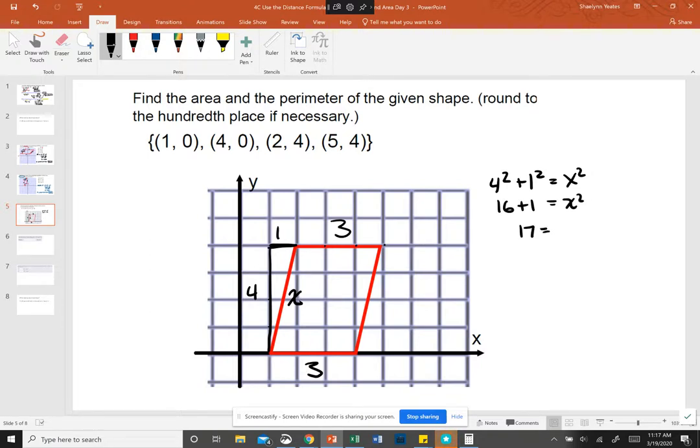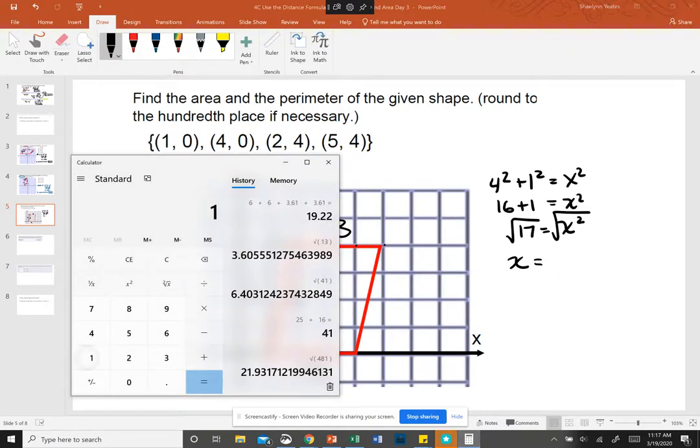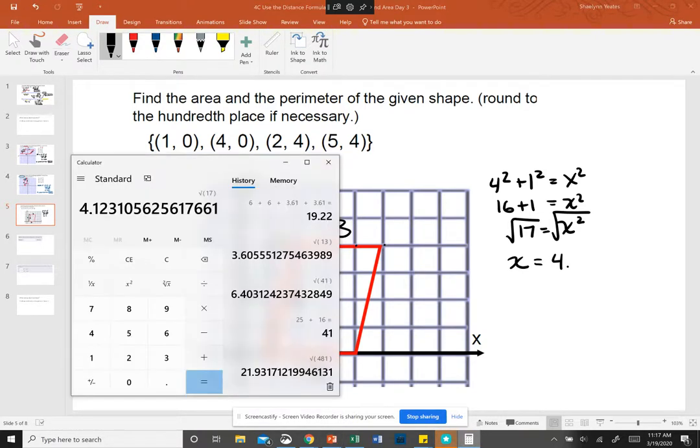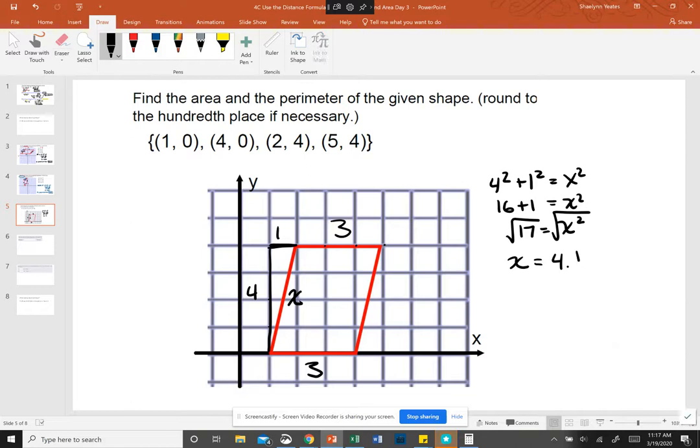So 17 equals x squared. If we take the square root of both sides, we'll find the length of x. So we're going to take 17, take the square root, and we get 4.12. So I know that this is 4.12, and this is 4.12.